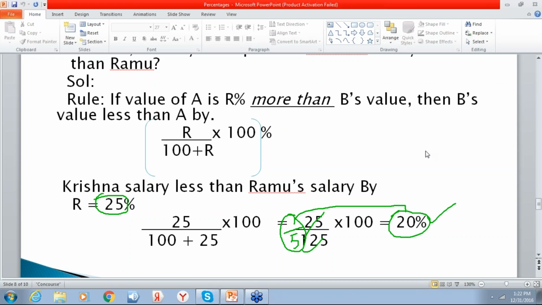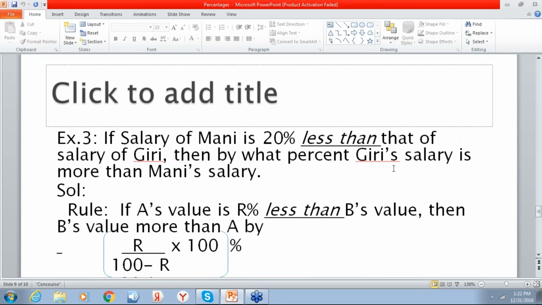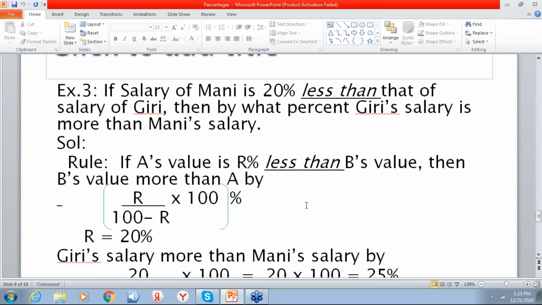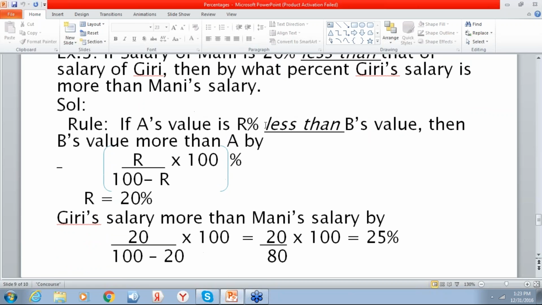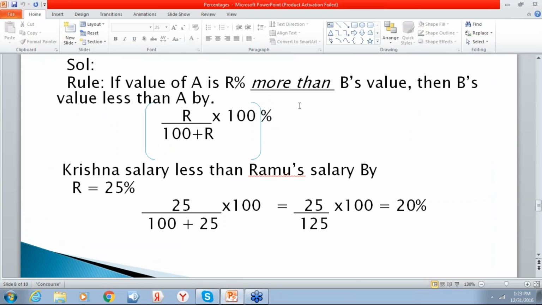Let's go to the next question. If the salary of Mani is 20% less than the salary of Giri, then by what percent is Giri's salary more than Mani's salary? Here the keyword is less than. Less denotes subtraction; in the previous case, more denoted addition.